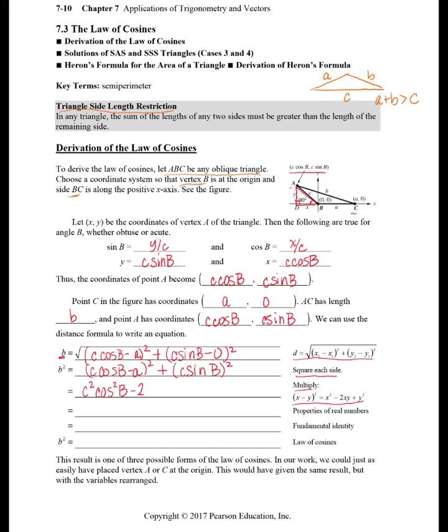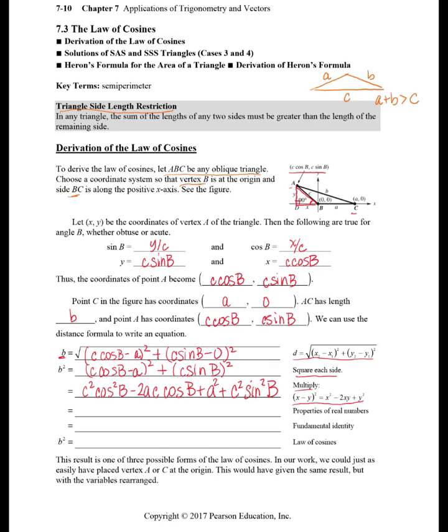Minus 2 times the first times the last, but I'm going to put the a in front to make it easier to read. And we have to be really careful because we have c and then cosine of B. The last term squared is a squared, and then square each factor, so we have c squared, and then sine is also squared.